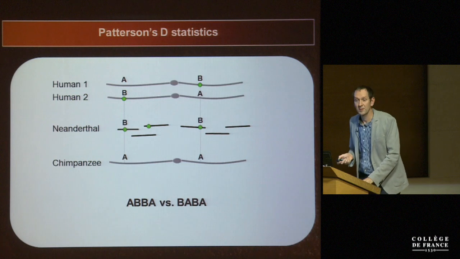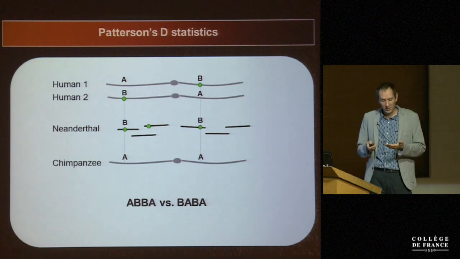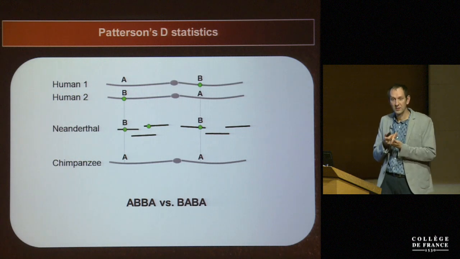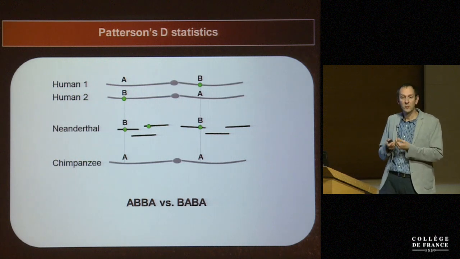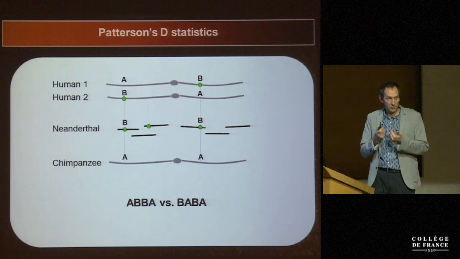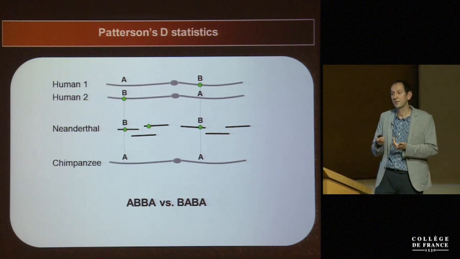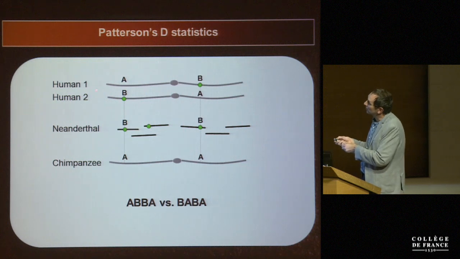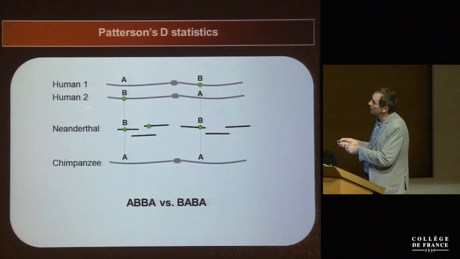What you would predict is that if there's been mixing between humans and Neanderthals, it should have happened in Eurasia. So you'd think that Eurasians or Europeans are closer to a Neanderthal than an African. And you can test this by identifying differences between, say, a European genome and an African genome, and then see which of the two states you find in the Neanderthal sequence.